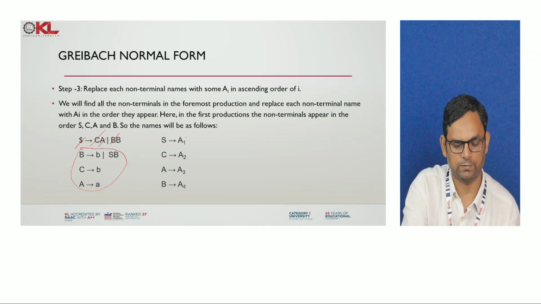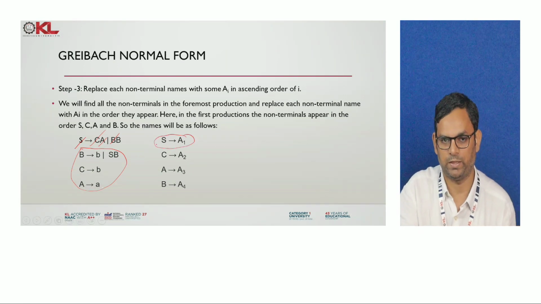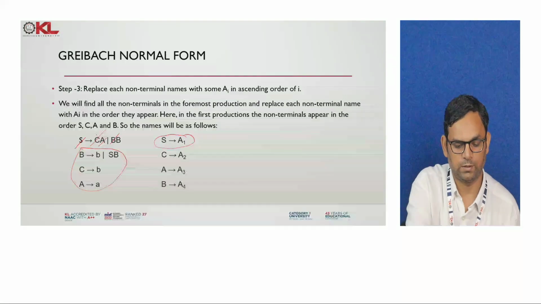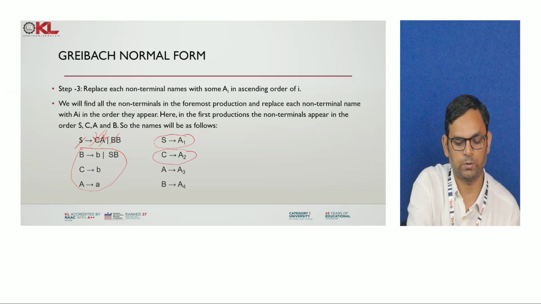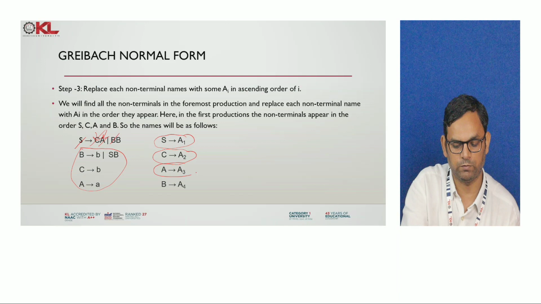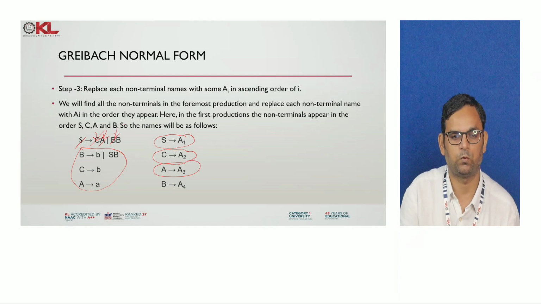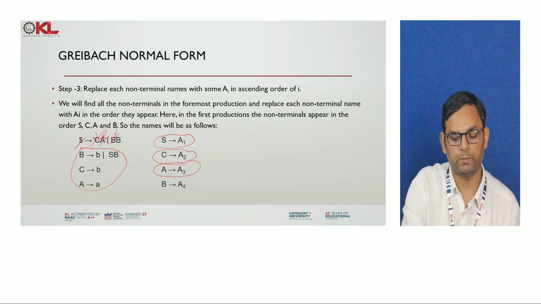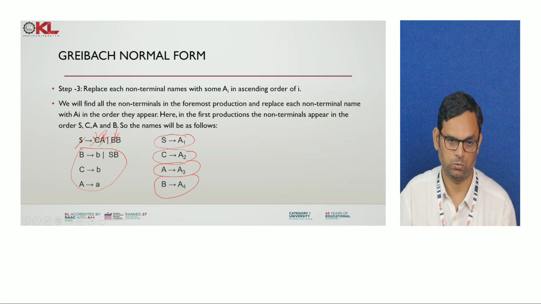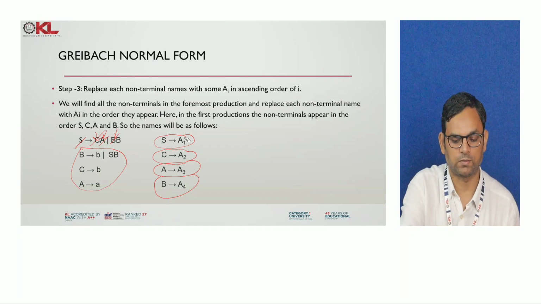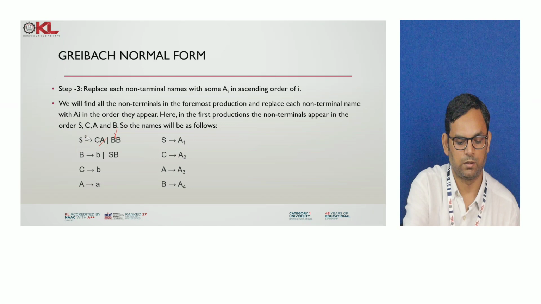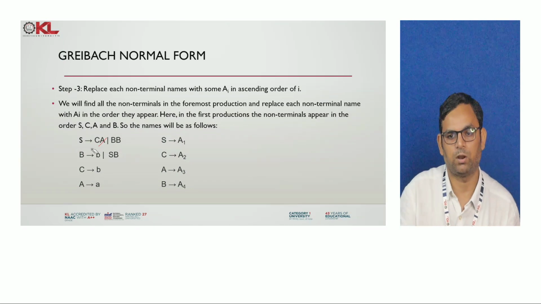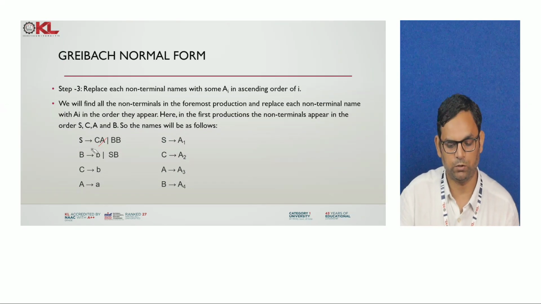So replace S with A1, in ascending order of Ai, next non-terminal C with A2, next non-terminal A with A3, and the fourth non-terminal B with A4. So this is the third step: replace every non-terminal with the order of Ai, A1, A2, A3, A4.